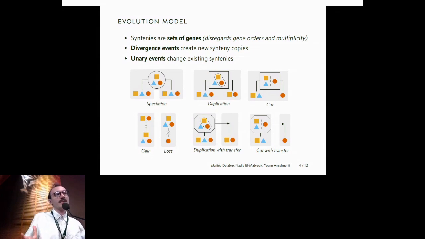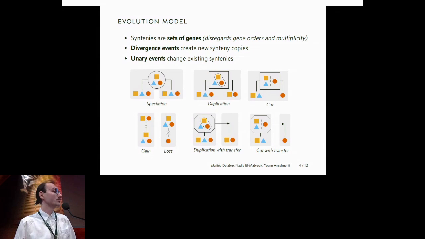Both of those events have their transfer counterparts: duplication with transfer and cut with transfer, where in addition to creating new copies, we also move them to a separate but coexisting host. So these are the divergence events, and synthenies can also evolve on their own by gains and losses of contents. We can either add new genes or remove genes during the evolution of the synteny. So this is the model we're using here.